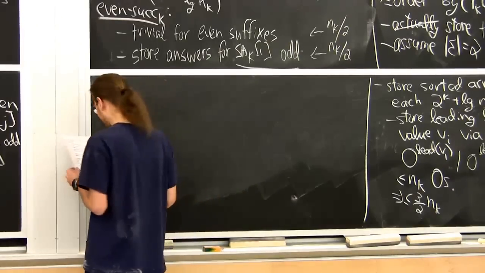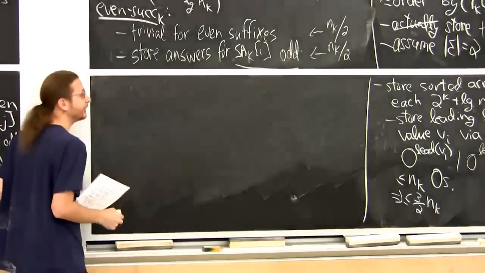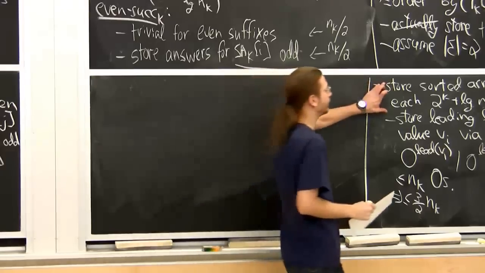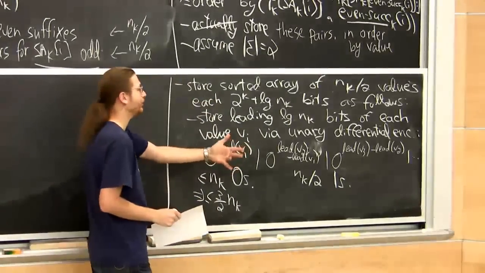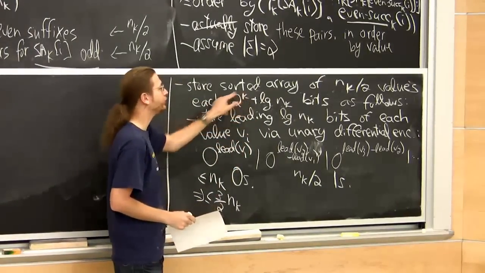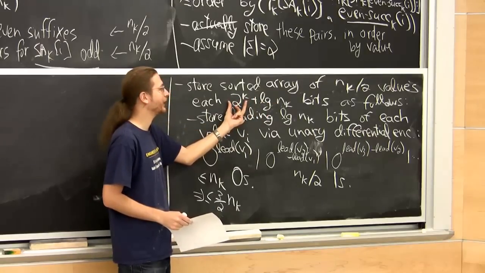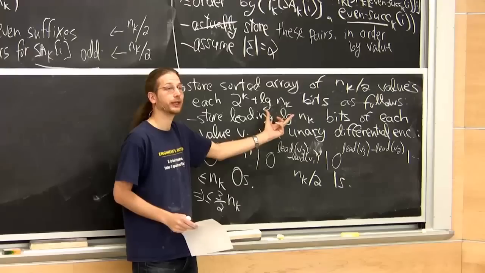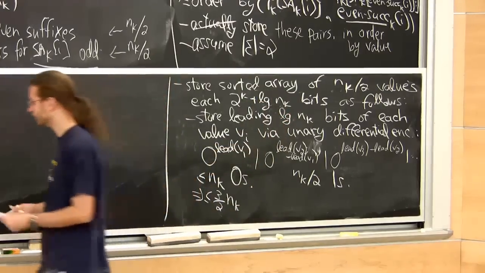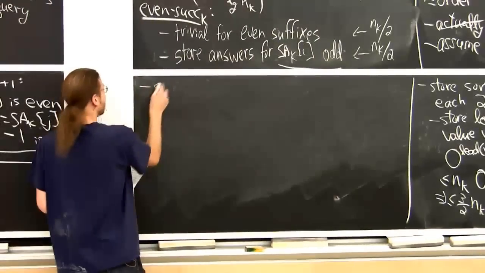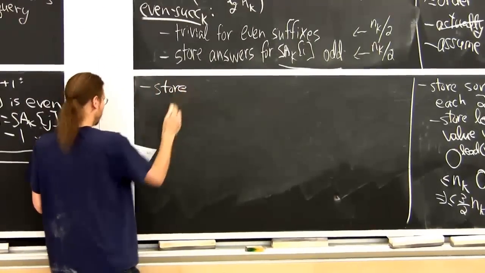Cool. But that's just the leading bits. I need to store the leading bits, and I need to store the remaining bits. Now, the remaining bits, there's only 2 to the k remaining bits. We switched the order. We looked at the high log nk bits, but then the low bits, there's going to be 2 to the k of them. That I already said was okay. We could afford that. Kind of. I mean, we lose a log-log factor.